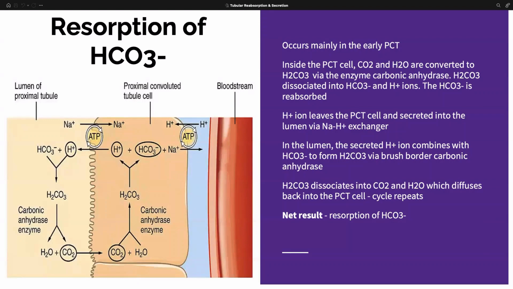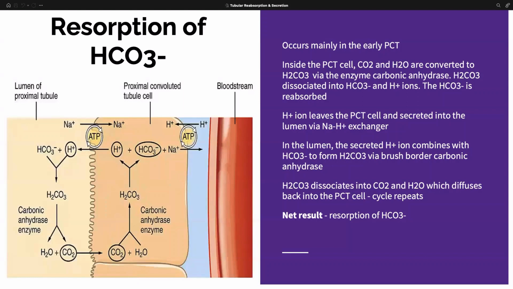However, the hydrogen ions, the H+ ions, on the other hand, are going to leave the PCT cell with the help of the sodium hydrogen ion exchanger, and enter into the lumen of the proximal convoluted tubule. And once they enter the lumen, the H+ ions will meet the bicarbonate ions that were filtered, and they're going to combine together to form carbonic acid.